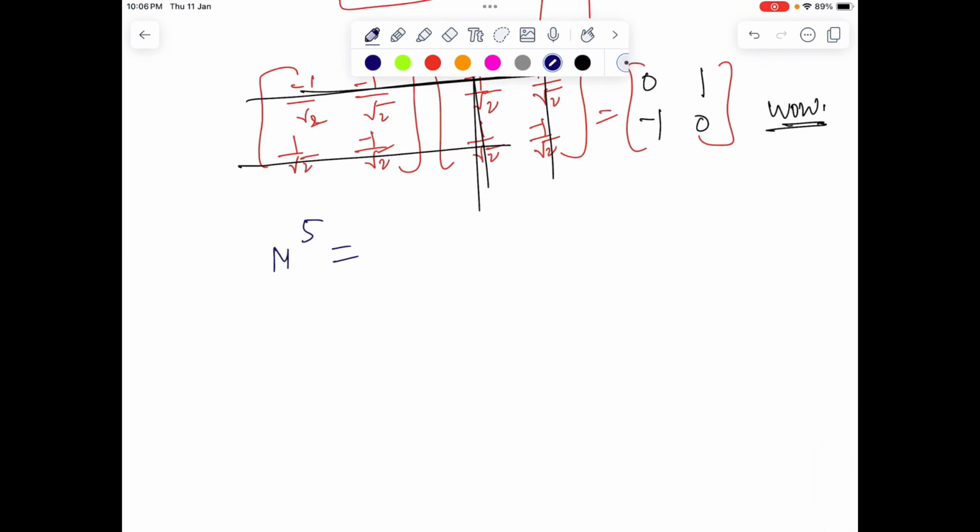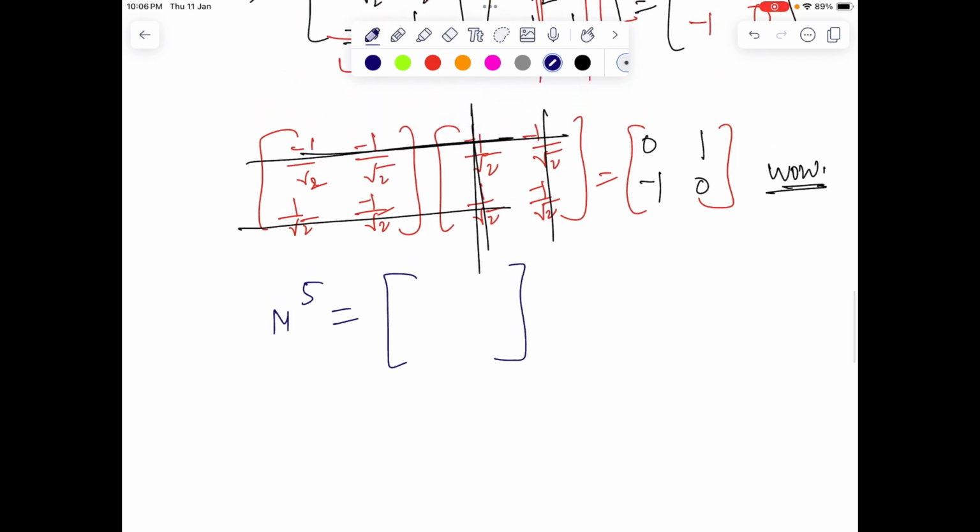And just to bid bye-bye to this concept, we can give even this problem: M to the power 5 equals, let's say, I give you 1, 0, 0, 1. So this is equivalent to saying z to the power 5 equals 1 in the complex world. And you know the answer is the fifth roots of unity.